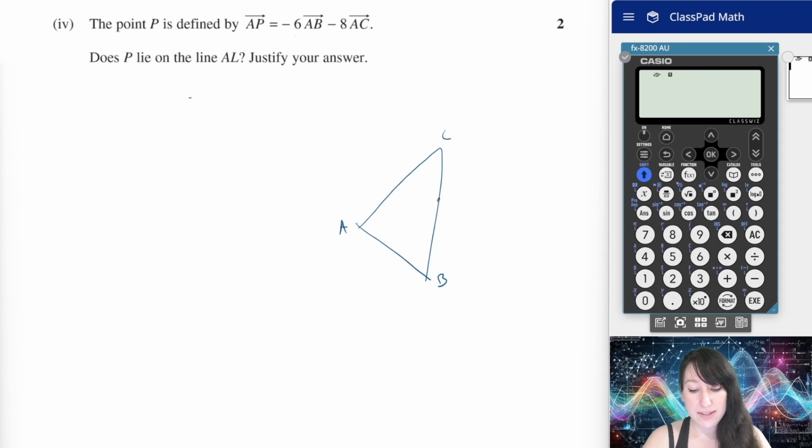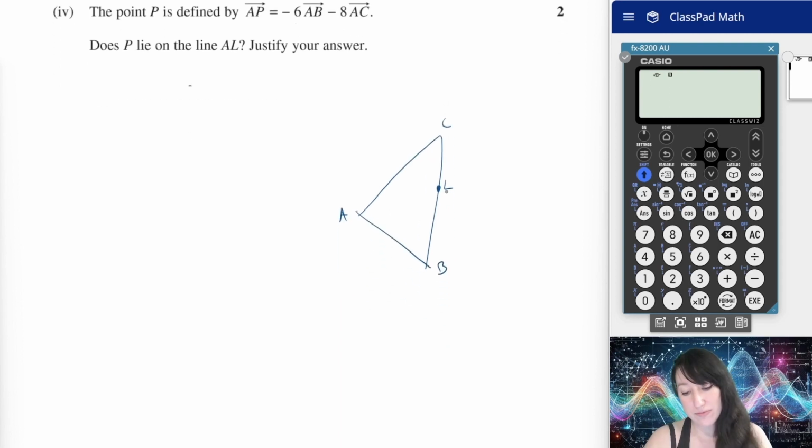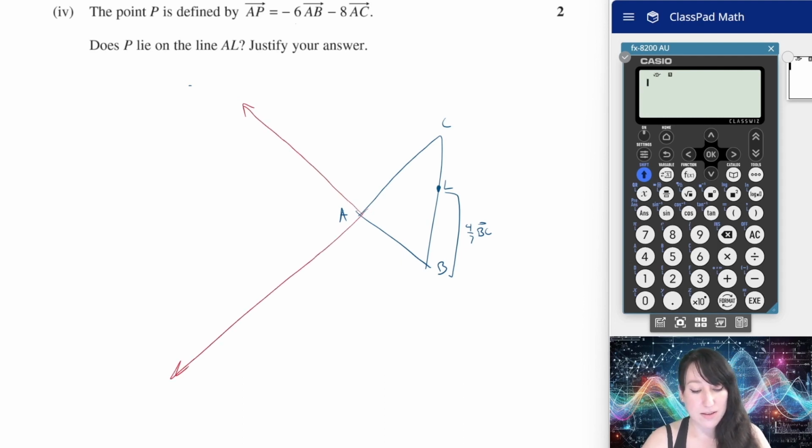L is on BC, and we found in the last part that BL is 4/7 of BC. So -6 AB would be going out this way, and -8 AC would be going out this way. And their sum would be here, that's P, and we want to know if P is on the line AL.